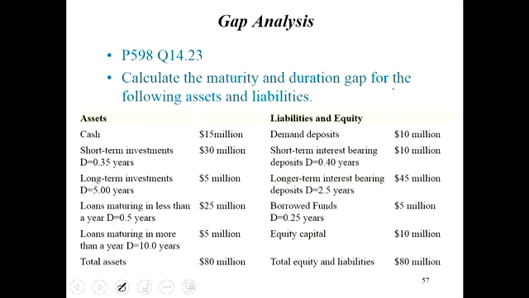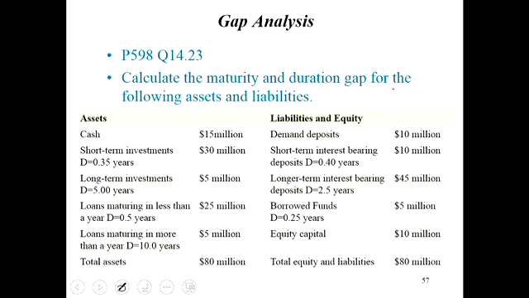Right, okay, so we'll do the duration gap analysis. We've got the same data there. So here's our assets again. And what about the cash? What's the duration of that? Yeah, it's 0.